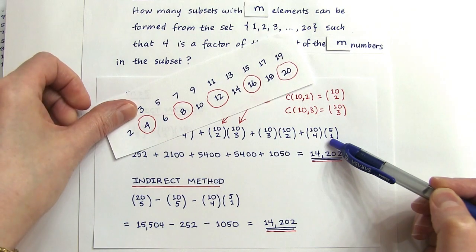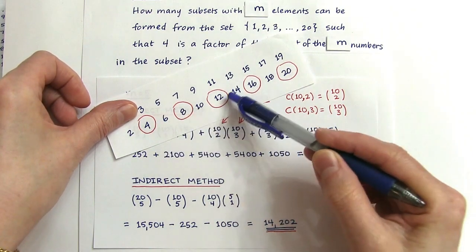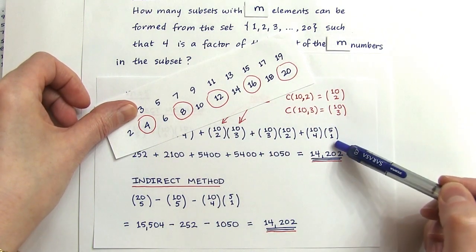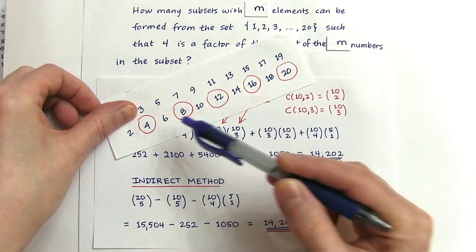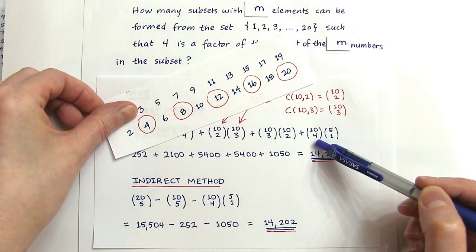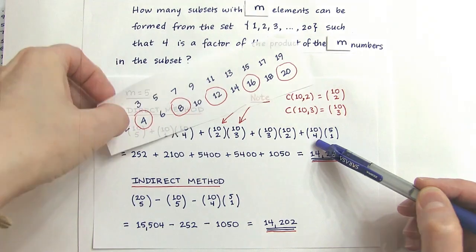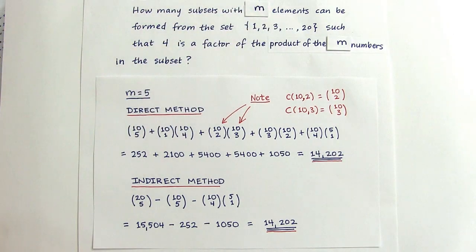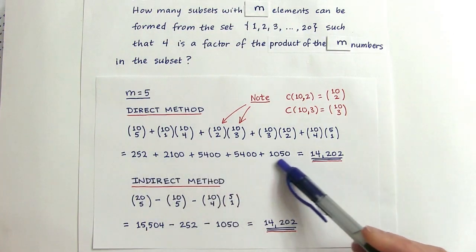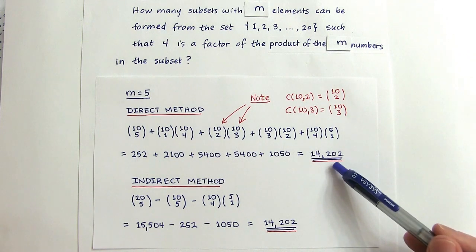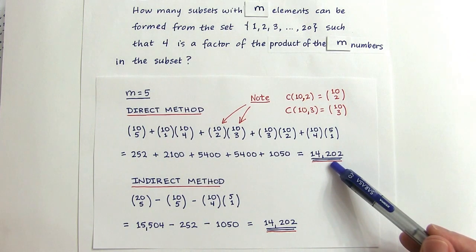That's this list again. So that's 5 choose 1, and 4 of the numbers are odd, which is 10 choose 4. And these numbers add up like this, so the answer is 14,202.